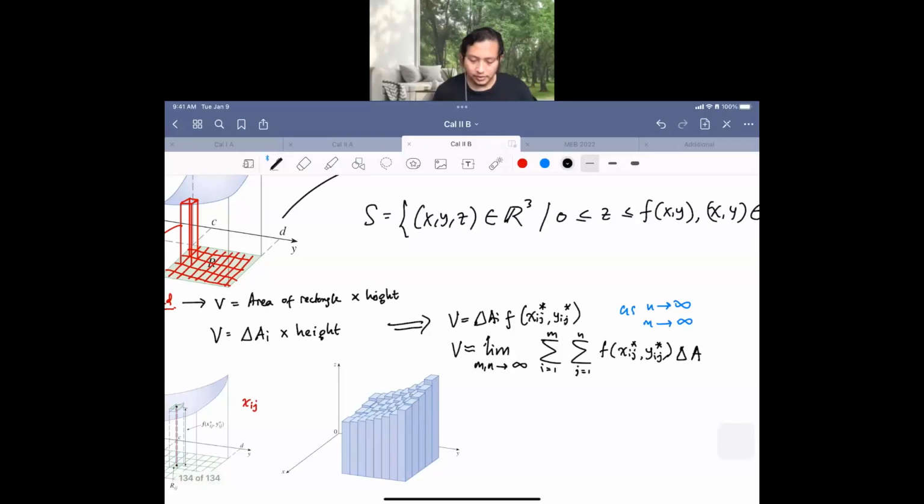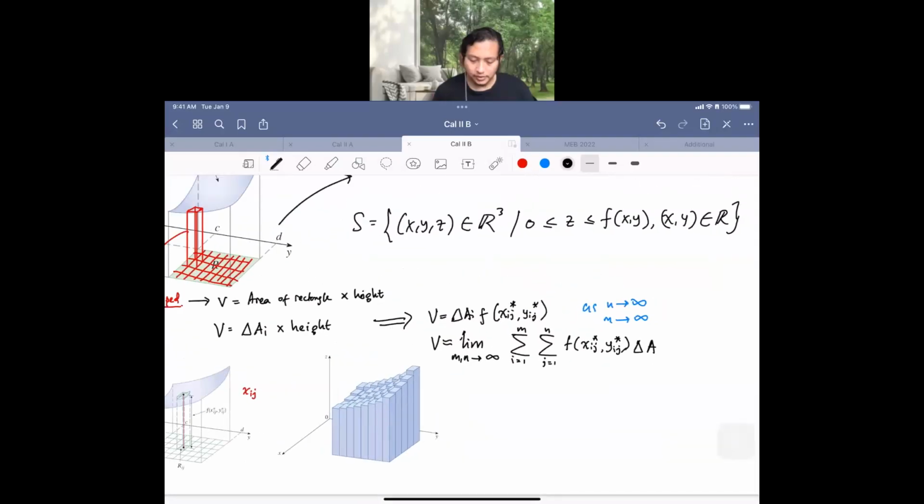So we can simply write the double integral as in the definition in our introduction here.